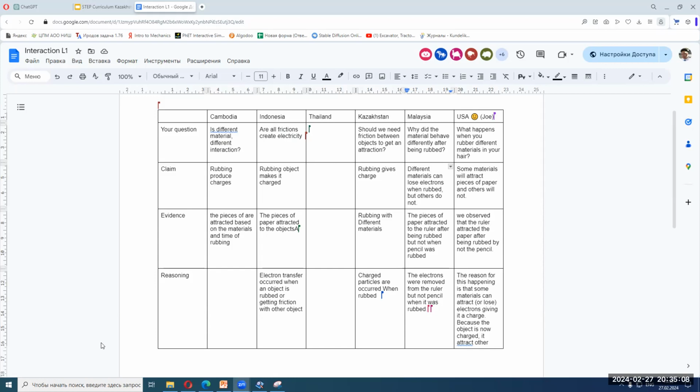You tried to have one material be an insulator and one not, one material that would become charged and the other not, so that we could write a question related to why some things get charged and other things won't. I like that you allowed us to experience a phenomenon and then write an explanation based on it.